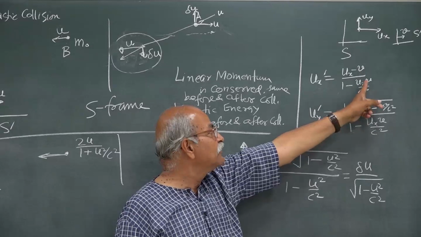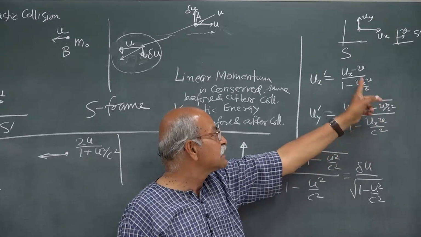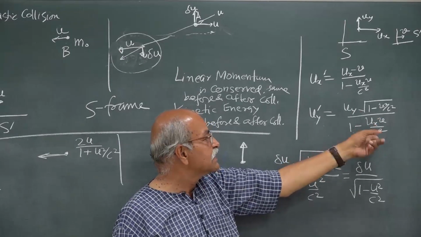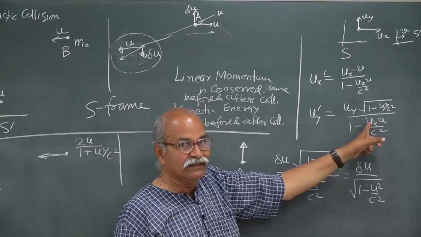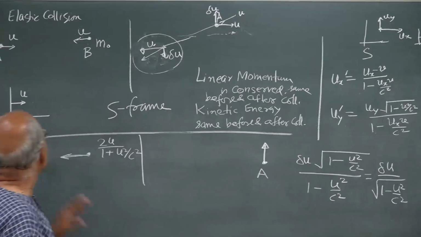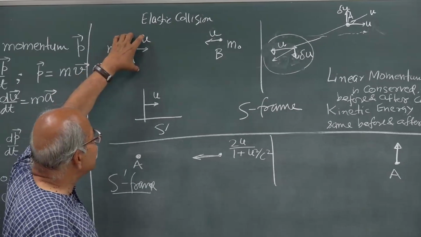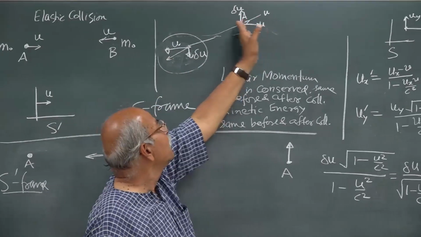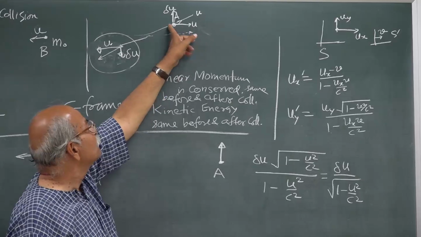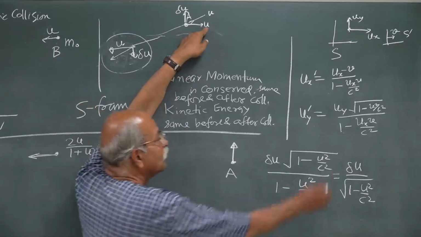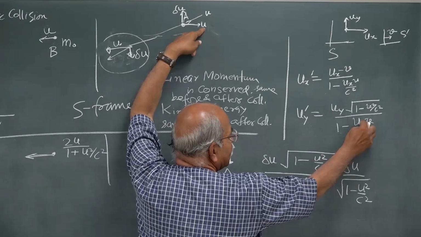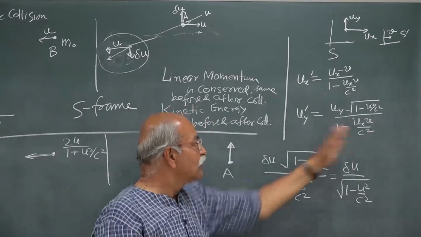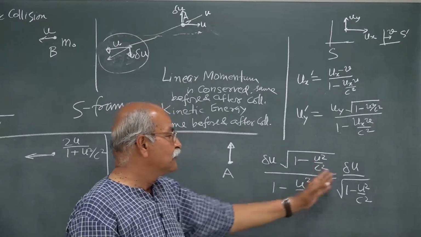V is the frame velocity, frame speed, and this ux is the component of velocity in the S frame, in the x direction. When you use this in this frame, this A particle is here, and its x component is u, so for ux you will be writing u. All this ux here you will be writing u, and that's what we have done. And then v is the frame velocity, which is also u, and therefore it is this.